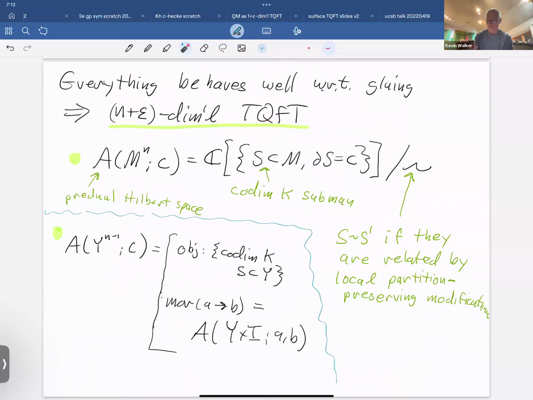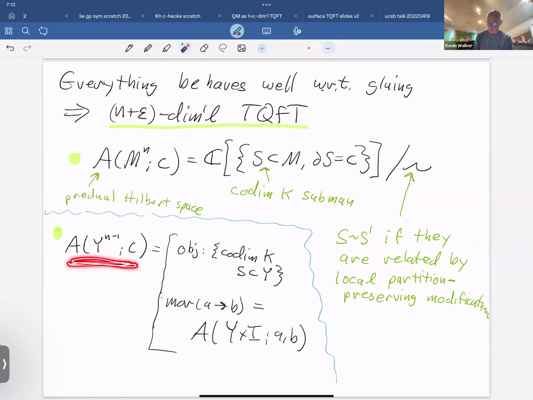so that means there's an associated n plus epsilon dimensional TQFT of T, just for free. And we can define a vector space for an n-dimensional manifold basically by taking a colimit. We consider codimension k submanifolds of M with a fixed boundary condition, and we consider them the same if you can get from one to the other via a series of partition preserving modifications within an n-ball.